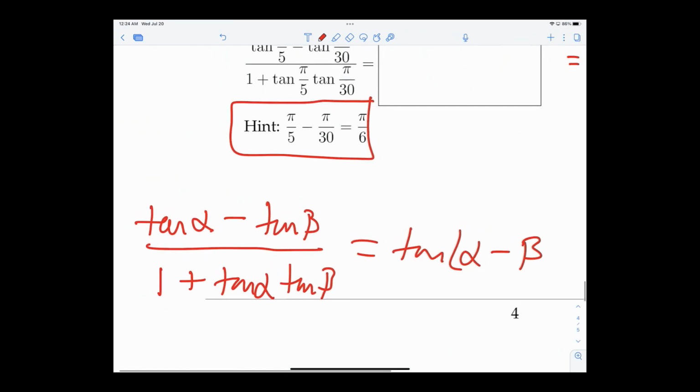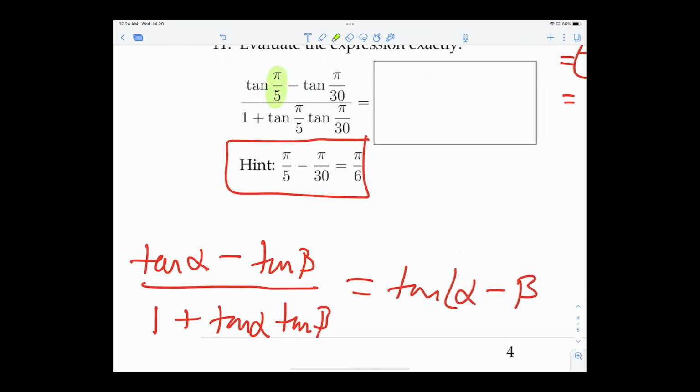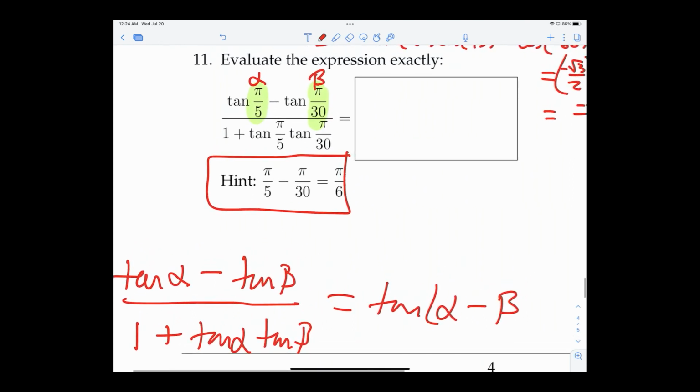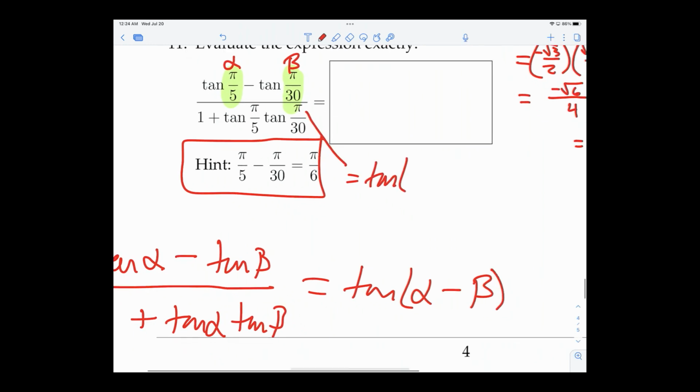So we have an alpha and a beta, right? That's our alpha and that's our beta, matching them up with this formula. If you match them up with that formula, then this should be equal to the tangent of alpha minus beta.